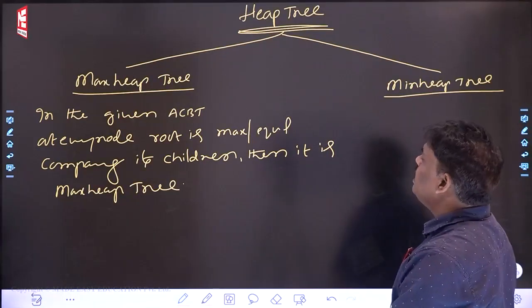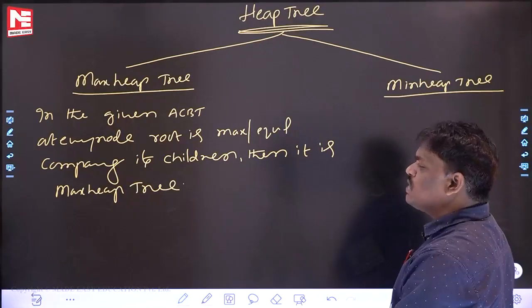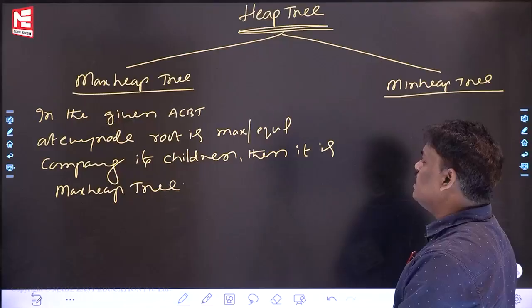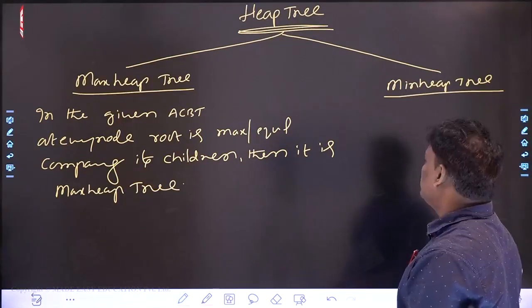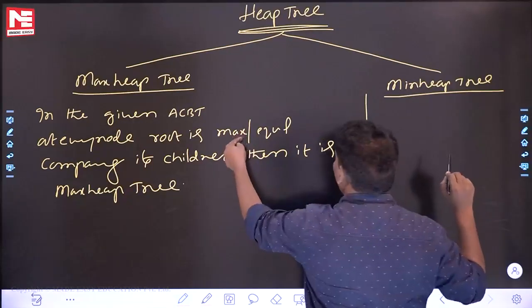Heap trees are two types, max heap tree and min heap tree. In the given almost complete binary tree, at every node, the root is maximum or equal compared to its children, then it is a max heap tree. Same definition. What is the only change? The root is minimum or equal.